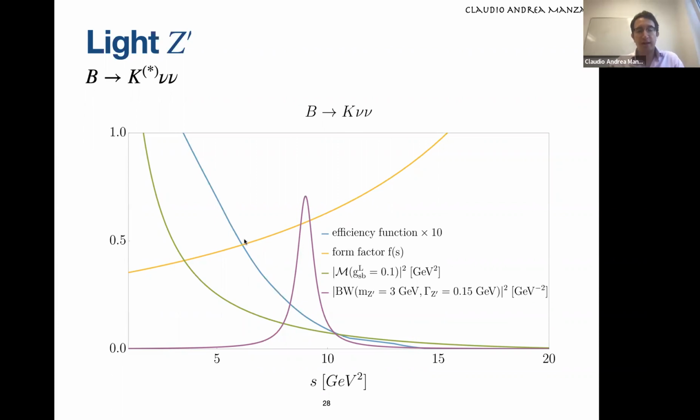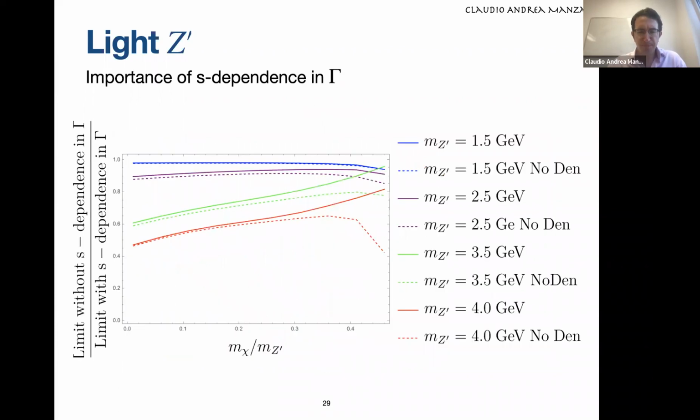So a larger dark matter mass will exclude the part where the efficiency function is larger and would, of course, reduce your branching ratio, and therefore your bounds from the B to K nu process.